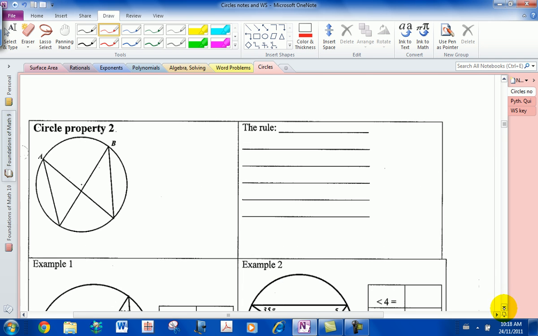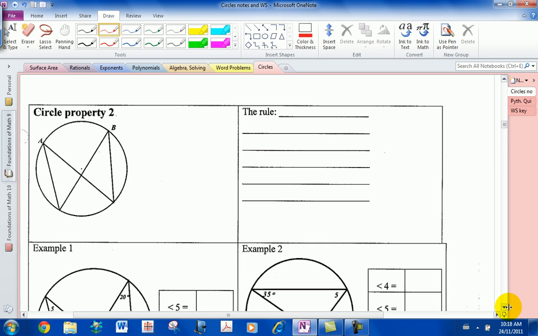Now we have circle property 2. So now we have angle A and angle B. What we have here is 2 inscribed angles on the same arc.